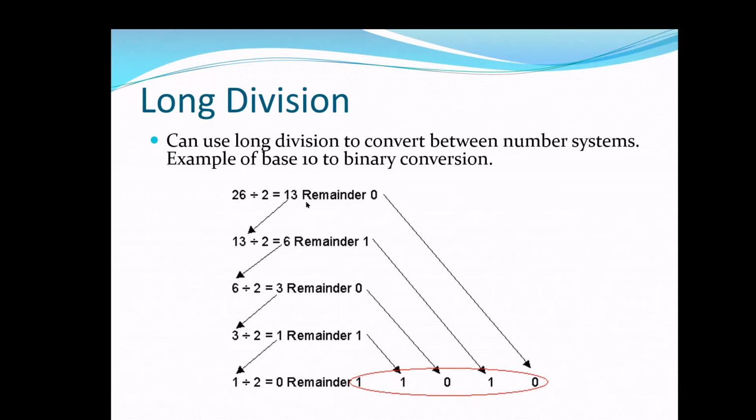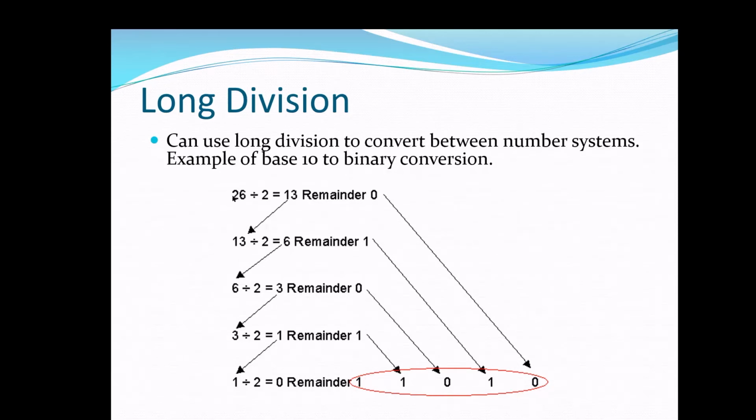We don't have a fraction part, we just use a remainder. We do long division by 2 because we're trying to go to base 2. Each time we have a result of the division, the whole part of it, and then the remainder. And the remainder is actually what we're going to use to generate our final base 2 number.